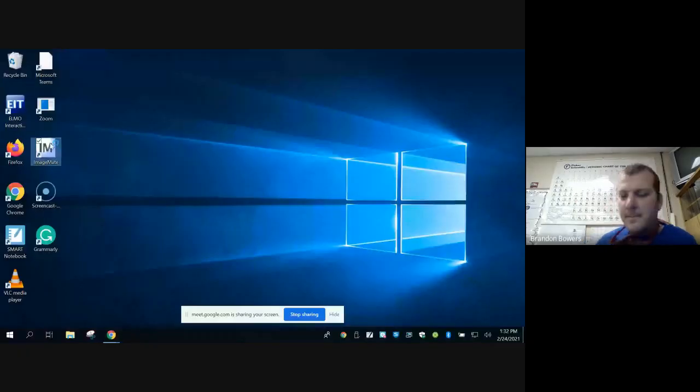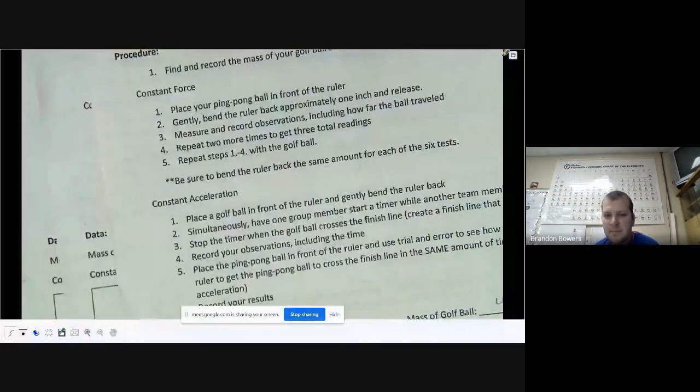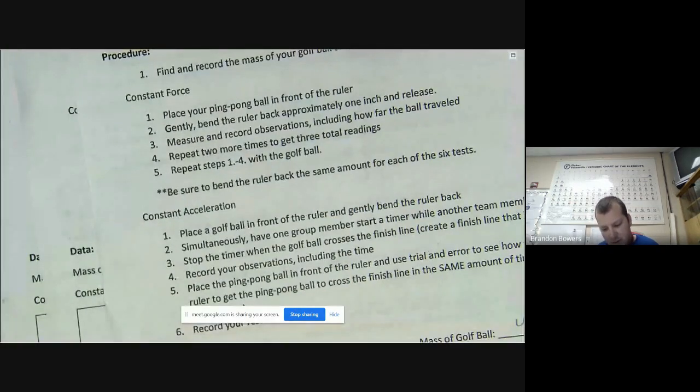Just going to do one example. Here we go. When we look at an elastic equation, let me find one. How about number 26?